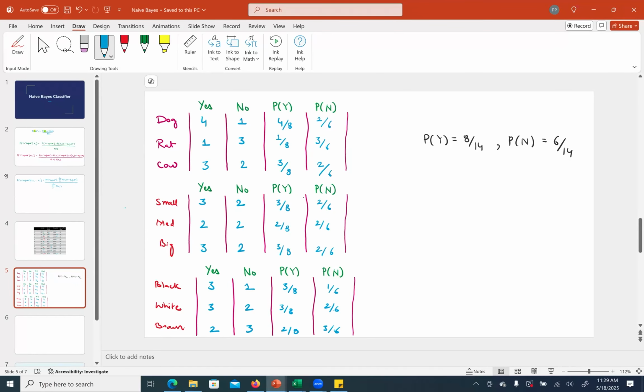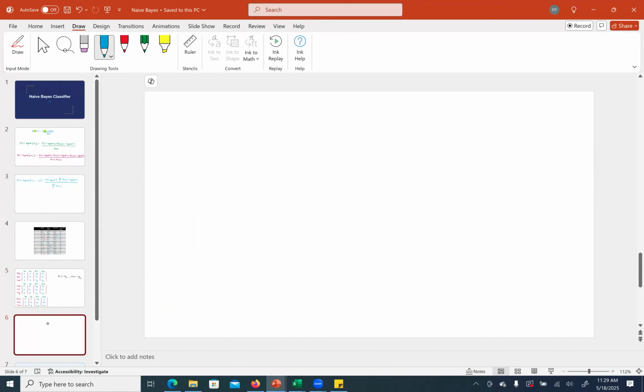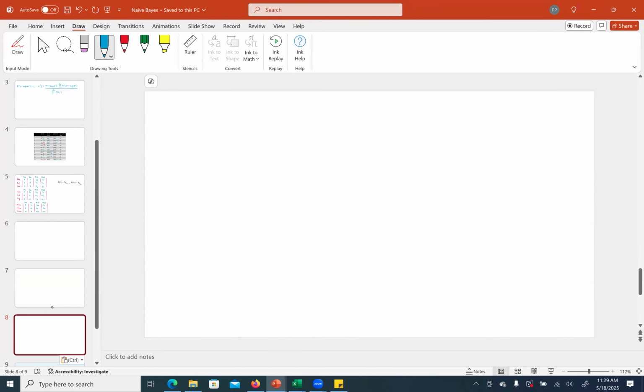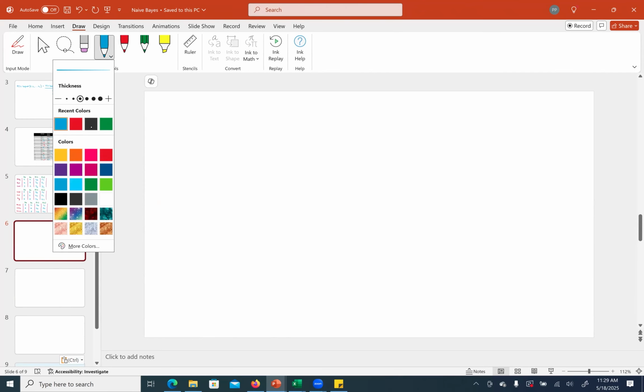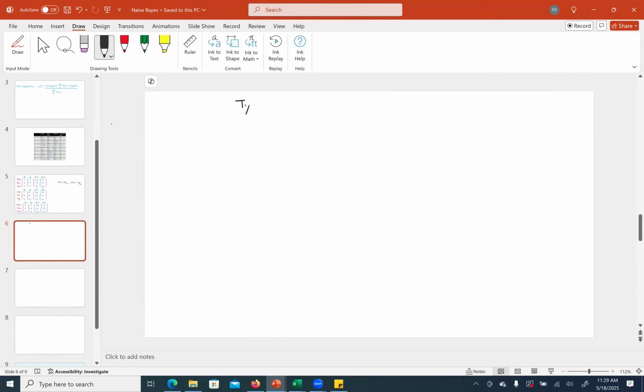Just for an example's sake, we need to take one type of animal, one size of the animal, and one color of the animal.